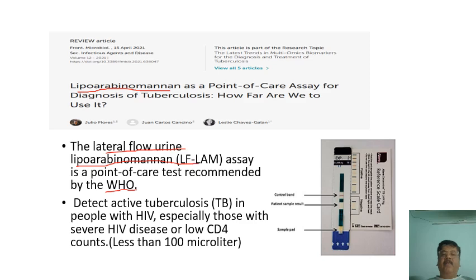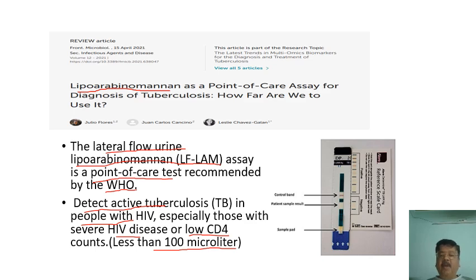So lateral flow lipoarabinomannan, abbreviated as LFLAM, can be a point of care test, and it detects active tuberculosis cases, especially in people with HIV, especially those with severe HIV disease, or those with a low CD4 count, if it is less than 100 per microliter. It is just like a card test. We have to charge the specimen.